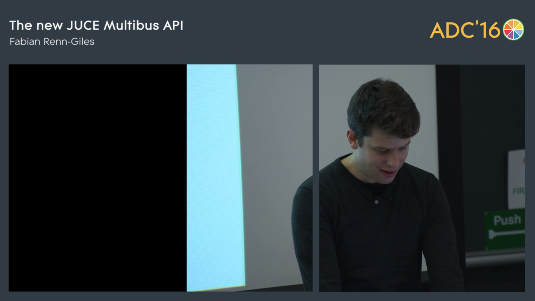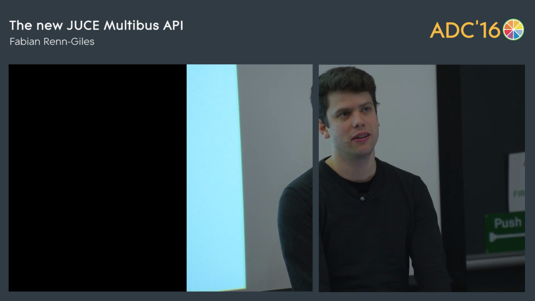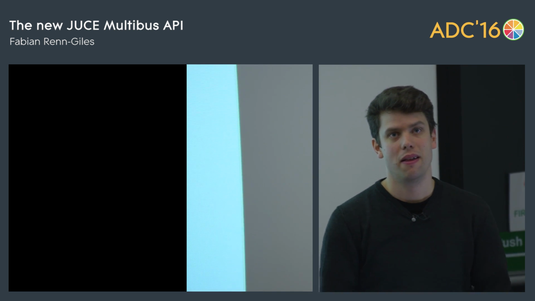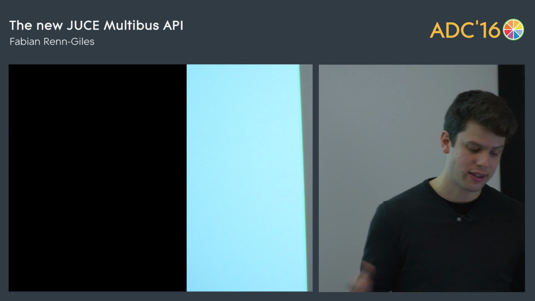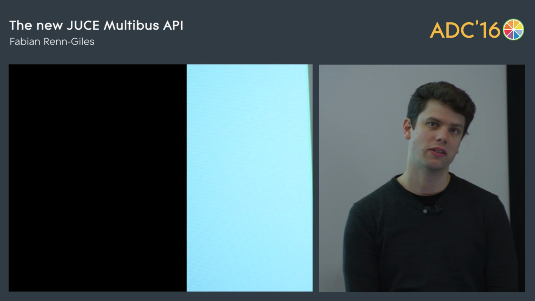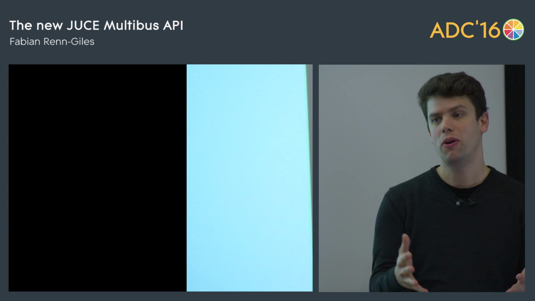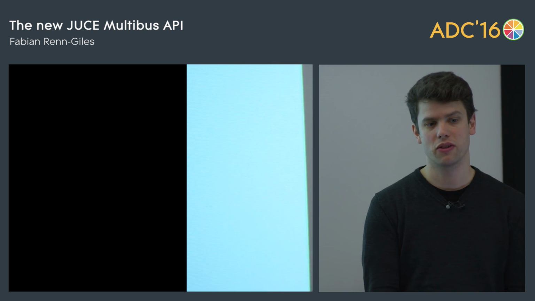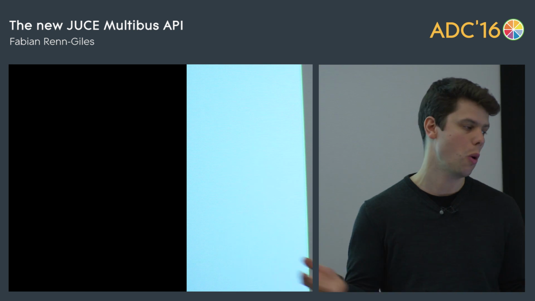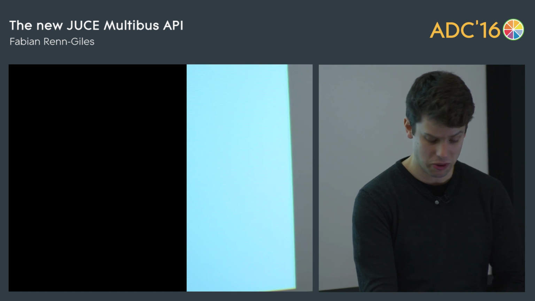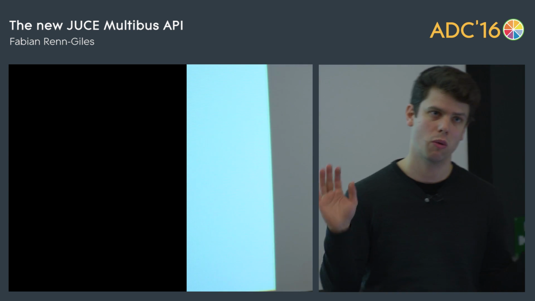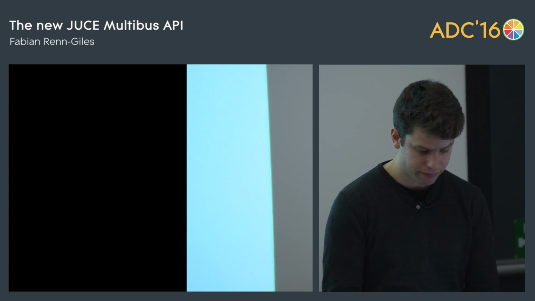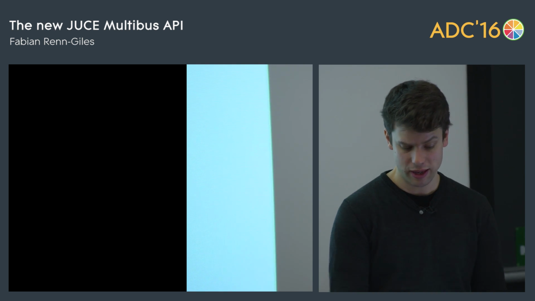Now, something that I briefly mentioned is that the host can request any number of channels and any number of layouts. So this default layout that we give in the constructor is just an indication of your canonical layout. But the host can say, hey, I want surround 5.1, or I want stereo. But not all layouts will make sense for your plugin.